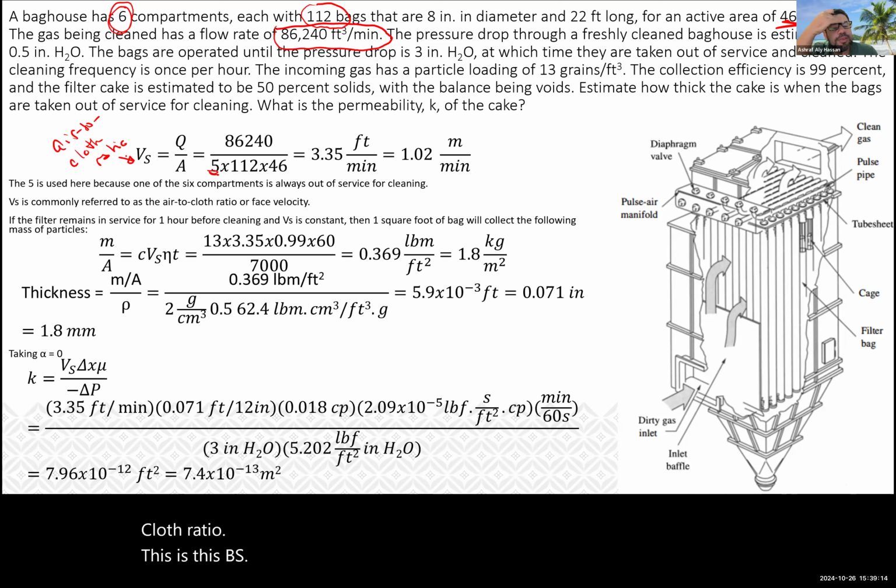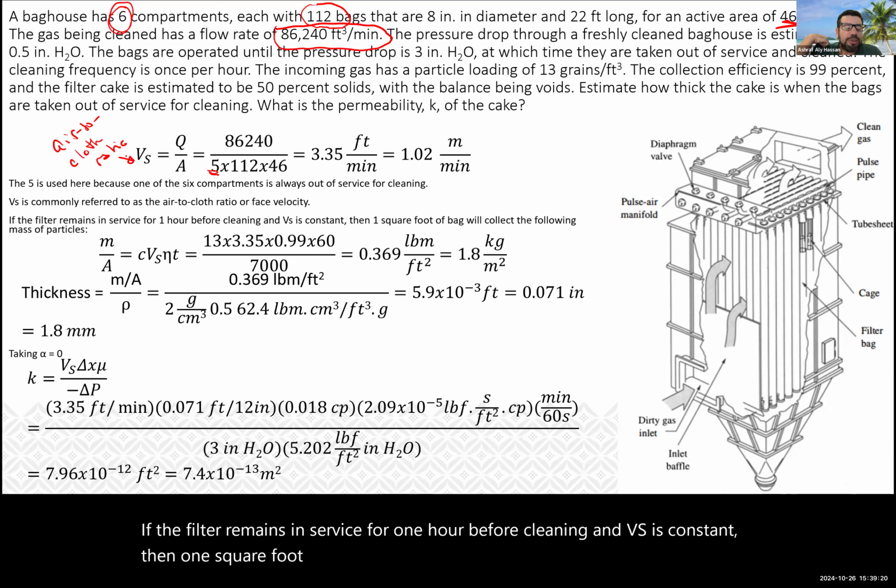If the filter remains in service for 1 hour before cleaning and Vs is constant, then 1 square foot of bag will collect the following mass of particles.